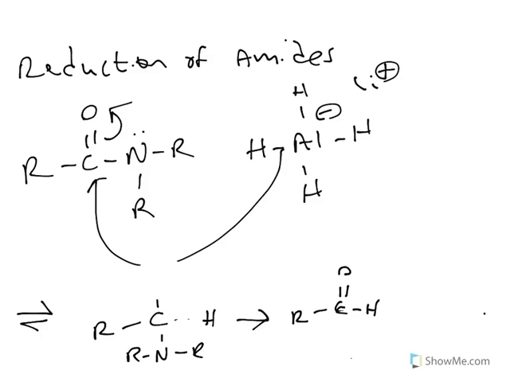What we actually do is we lose oxygen eventually. So how do we lose oxygen? Well, what ends up happening here is the oxygen coordinates to aluminum in a subsequent step. So let me get back cleaning up here a little bit, sorry.